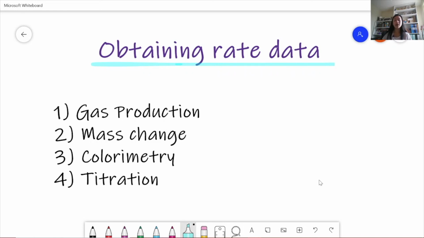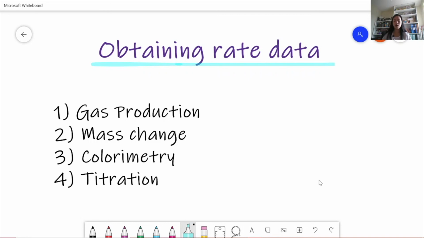Or we time how long it takes to reach a specific point early in the reaction, and the rate will be proportional to the volume or the mass divided by time. An example of this kind of reaction would be when you add magnesium to hydrochloric acid.